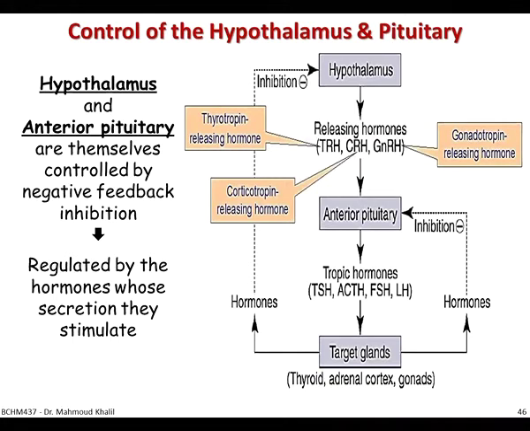Again, the hypothalamus and the anterior pituitary are themselves controlled by negative feedback inhibition, and they are regulated by the hormones whose secretion they stimulate. So you can see from the figure again, the hypothalamus can secrete releasing hormones like the gonadotropin releasing hormone, the corticotropin releasing hormone, and the thyrotropin releasing hormone, as examples.